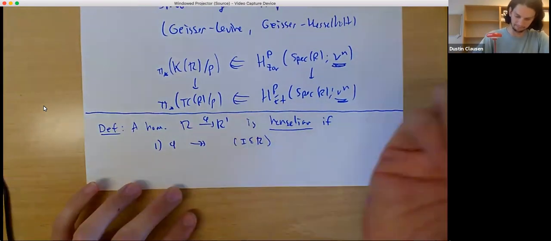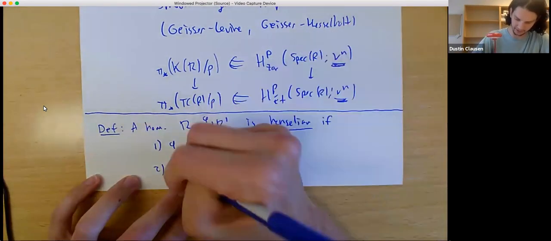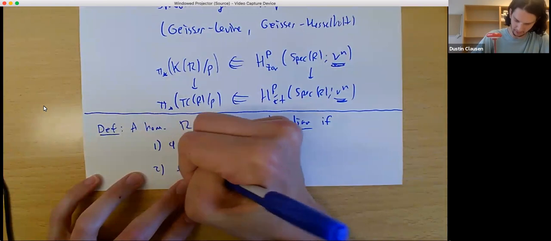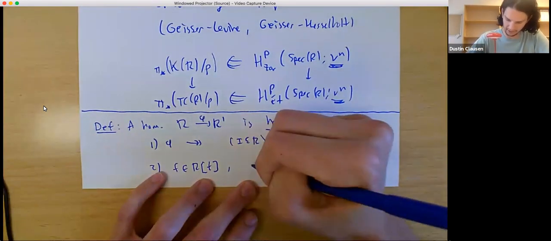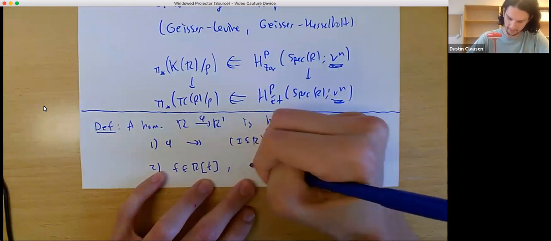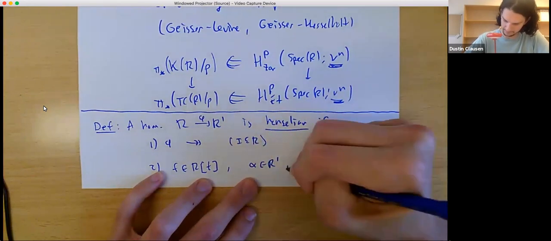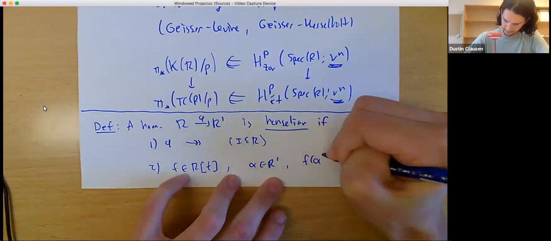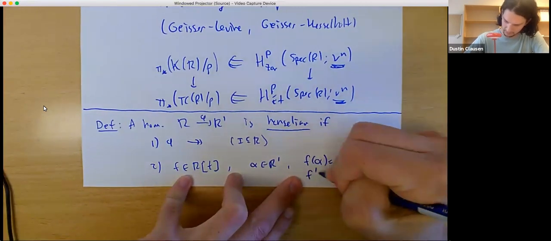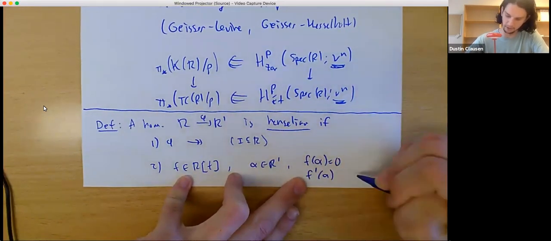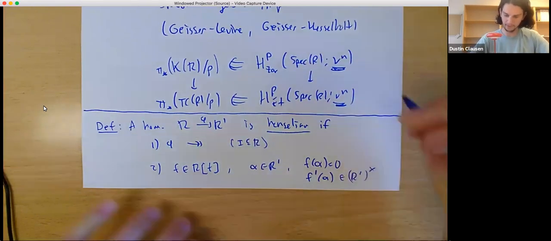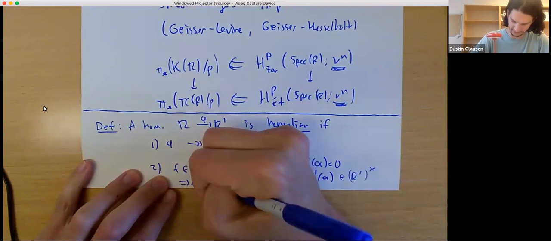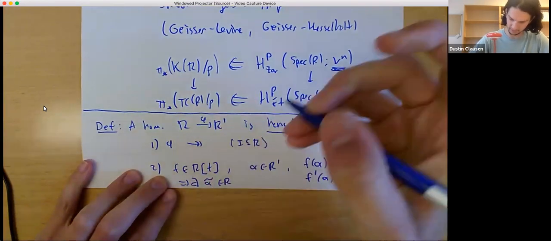And here's the important condition. So if you take any polynomial in one variable over the ring, and you take any root over R prime, which is a simple root, which means when you take the derivative of the polynomial and evaluate on alpha, you get a unit, then there exists a lift alpha tilde in R to a root.